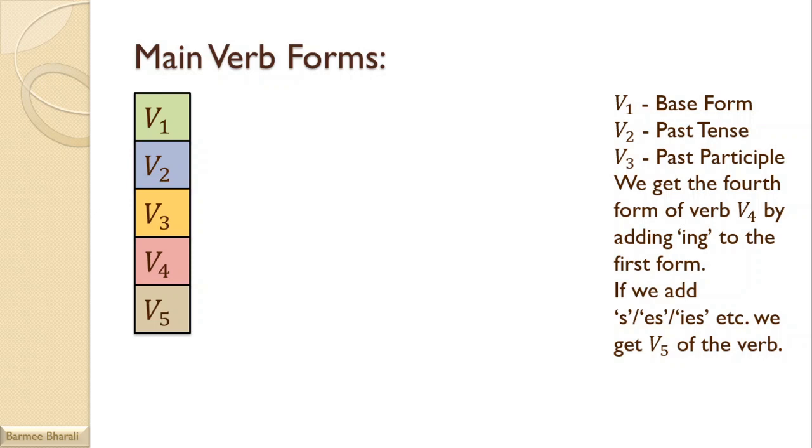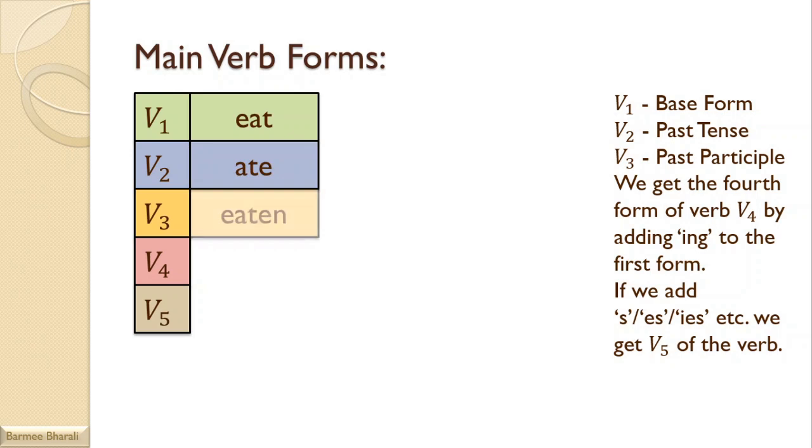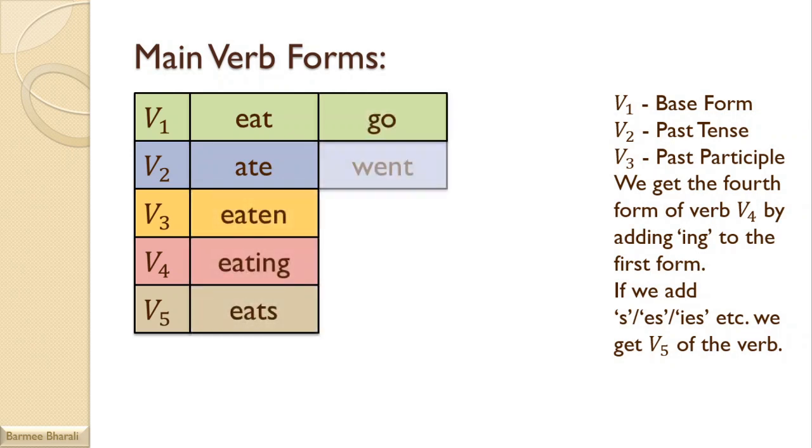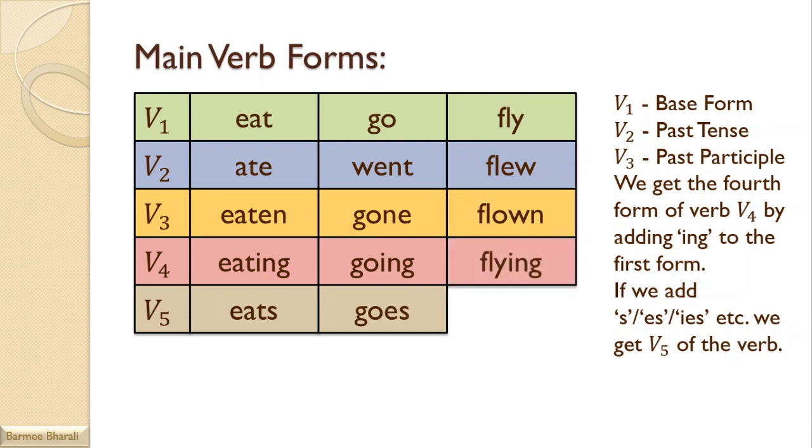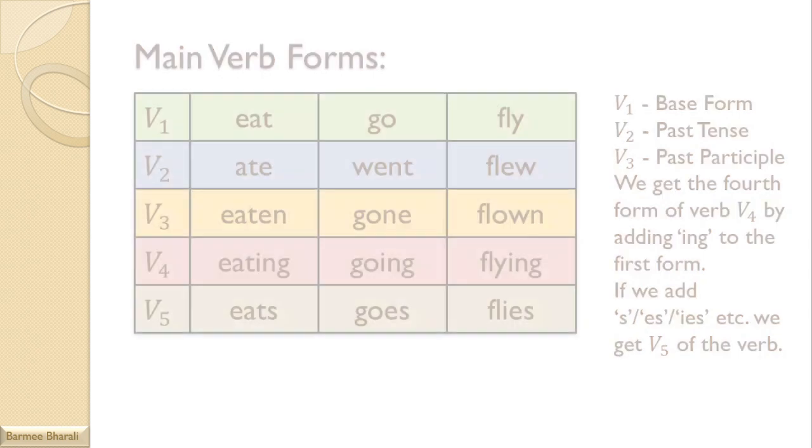We get the fourth form of verb V4 by adding ing to the first form, and if we add s, es, ies, etc., we get V5 of the verb. Let's say eat, ate, eaten, eating, eats. Again, go, went, gone, going, goes. Another one, fly, flew, flown, flying, flies.